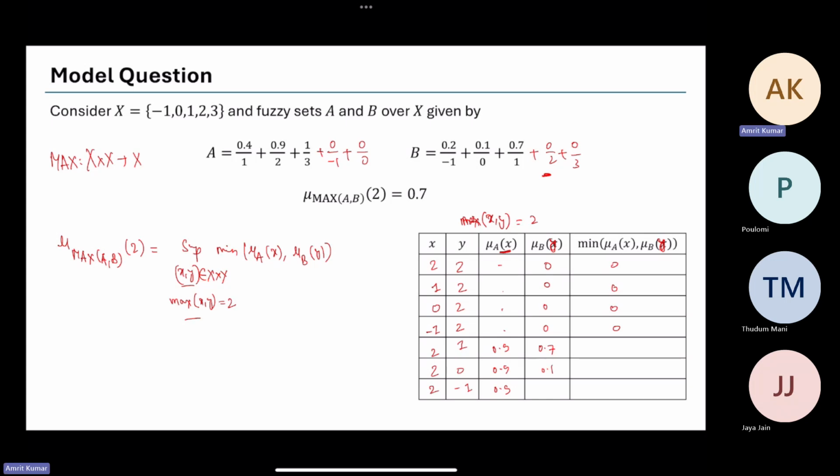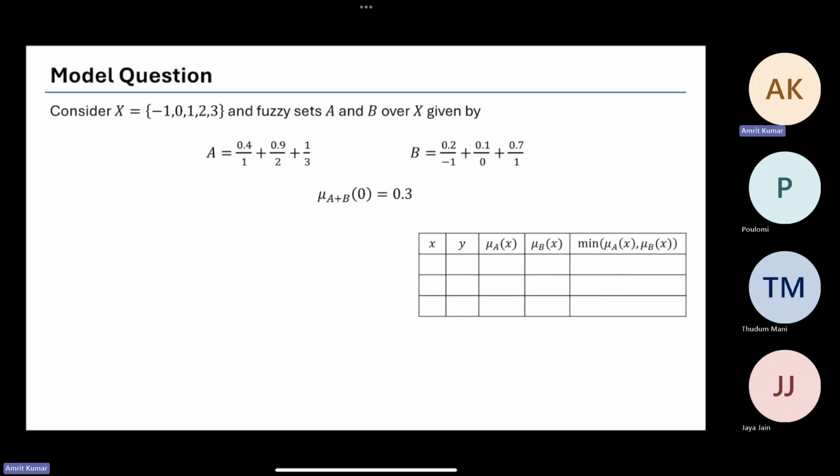And this is 0.2. So when we take the minimum, we get 0.7, 0.1, and this is 0.2, right? And the maximum of these numbers is 0.7. So this is 0.7. And therefore option B is correct.